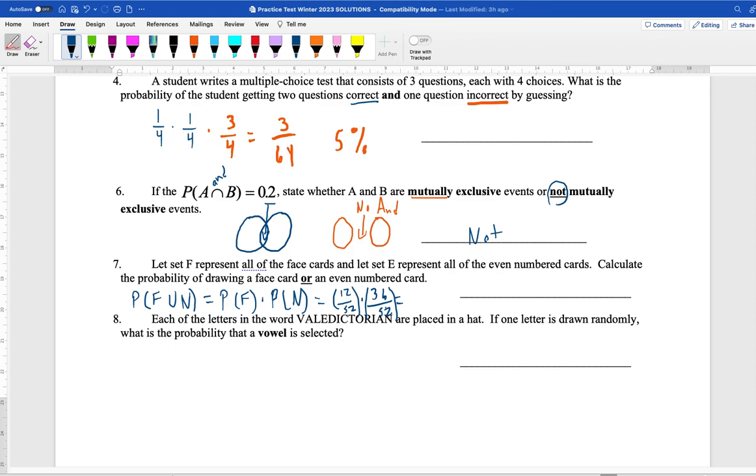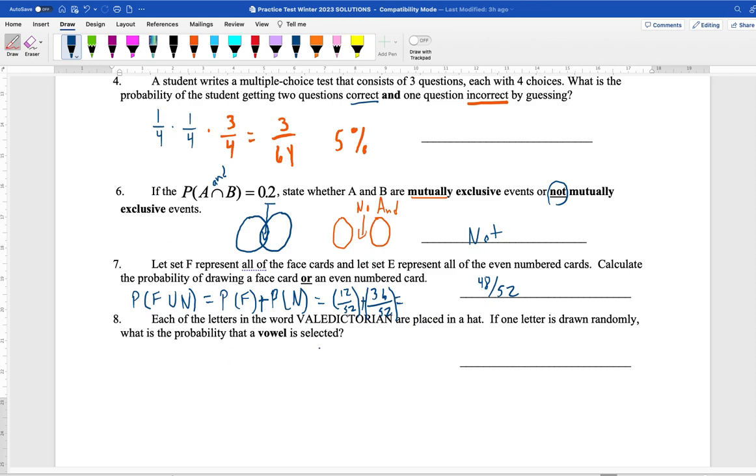Sorry, that should be add in there. My mistake. That's an add. So that's going to equal 48 out of 52. Okay? That should be an add right there.